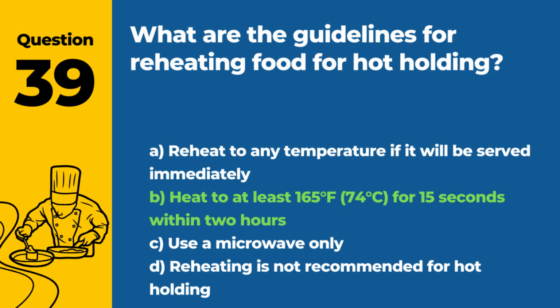Answer. B. Heat to at least 165 degrees Fahrenheit, 74 degrees Celsius for 15 seconds within 2 hours. Foods that are reheated for hot holding should be heated to an internal temperature of at least 165 degrees Fahrenheit, 74 degrees Celsius for 15 seconds within 2 hours to ensure they are safe to eat.